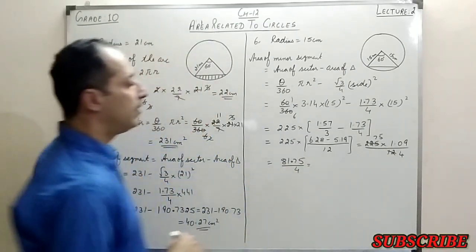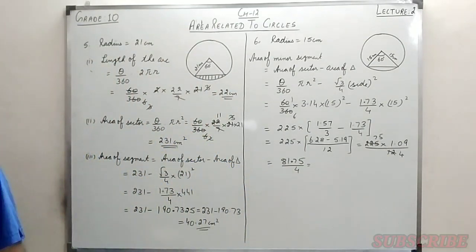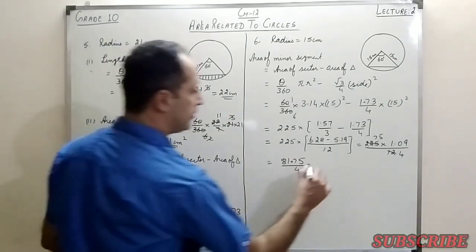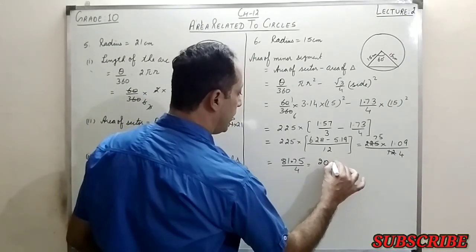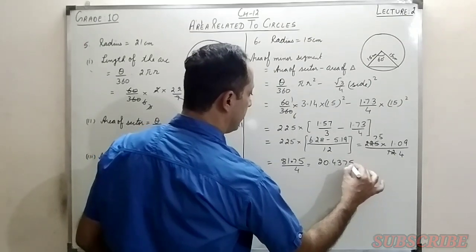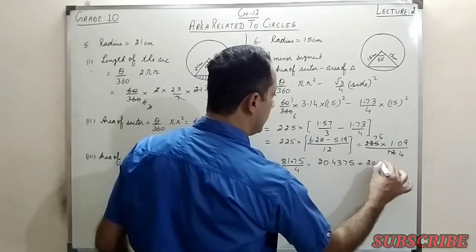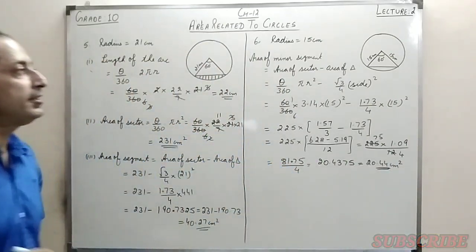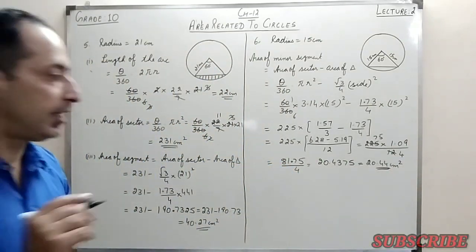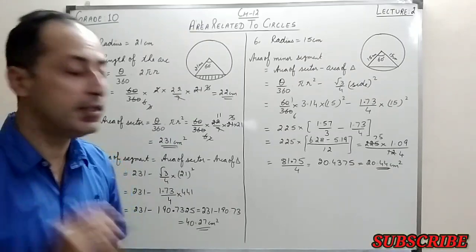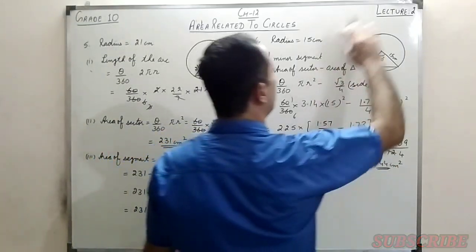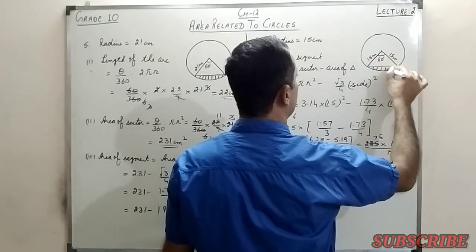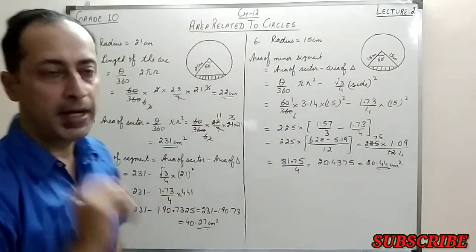and this divided by 4. When we divide 81.75 by 4, we get 20.4375, or you can round it off, 20.44 centimeter square. So this was the area of the minor segment. Now the second part is to find the area of the major segment. So from the complete circle, we will just subtract the area of the minor segment.